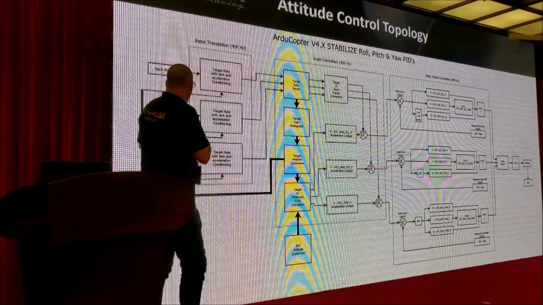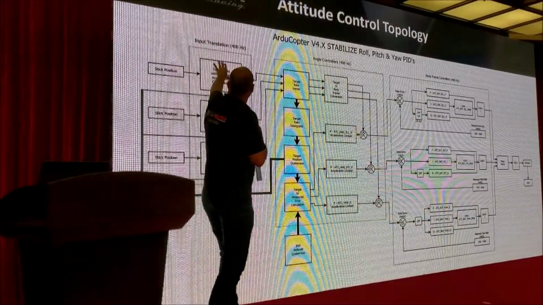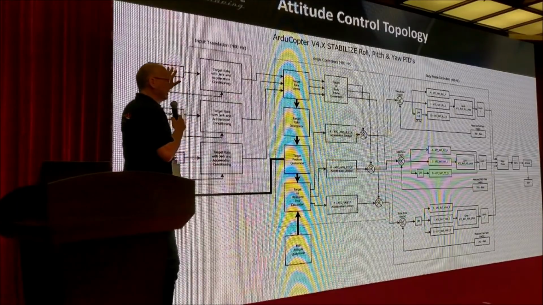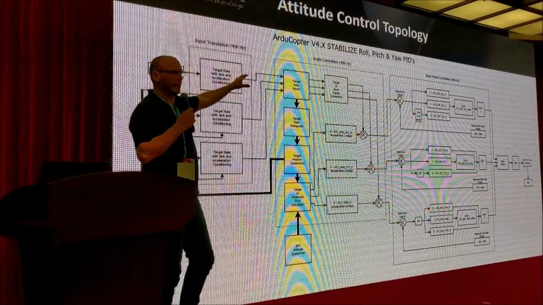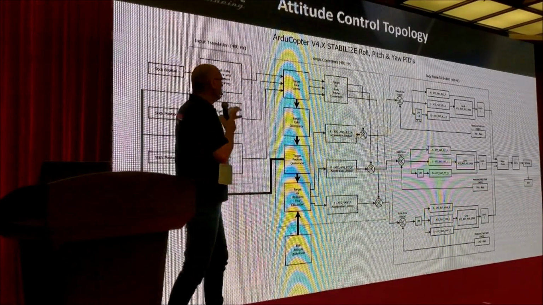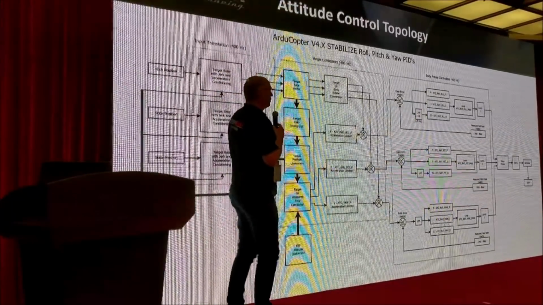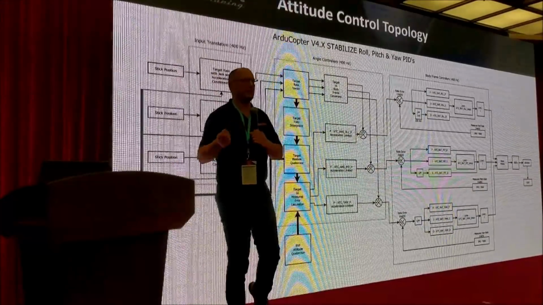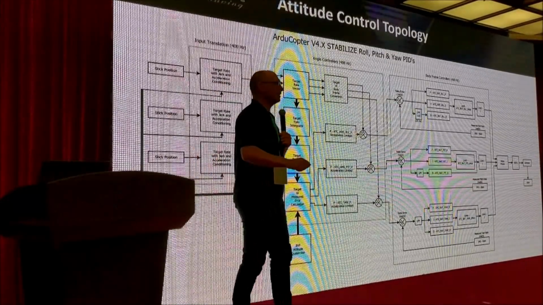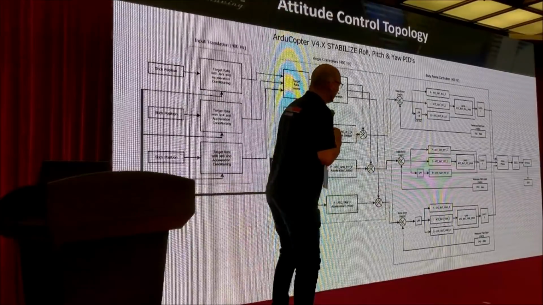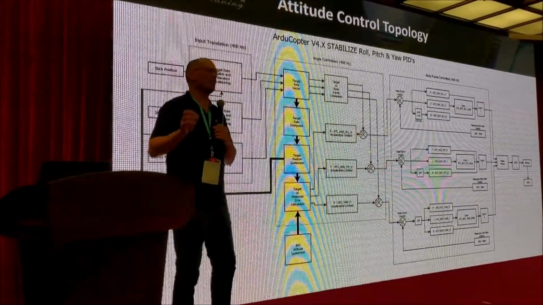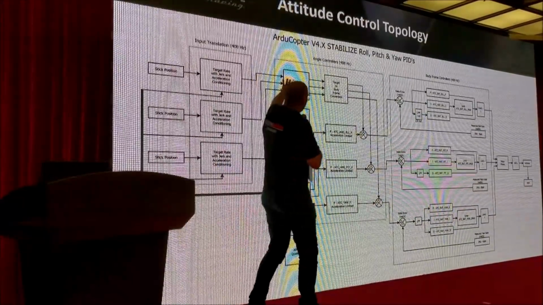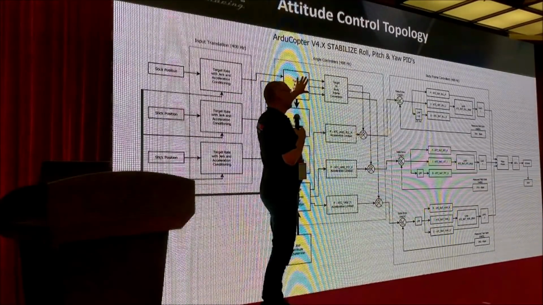So that's these inputs. Then we go through an input translation. This takes what could be very rough and ugly inputs from the pilot and turns them into sensible outputs for that aircraft, as if that pilot had been flying that aircraft for many years and was an expert pilot and knew exactly what the aircraft was capable of. And it comes out as rate requests.